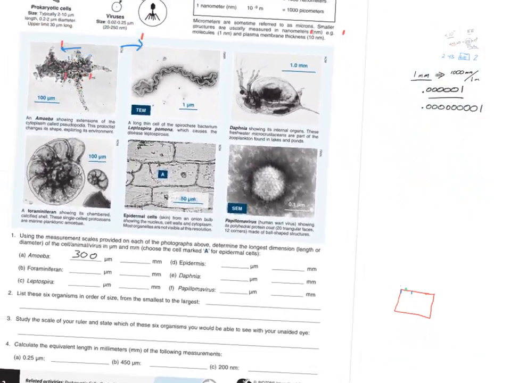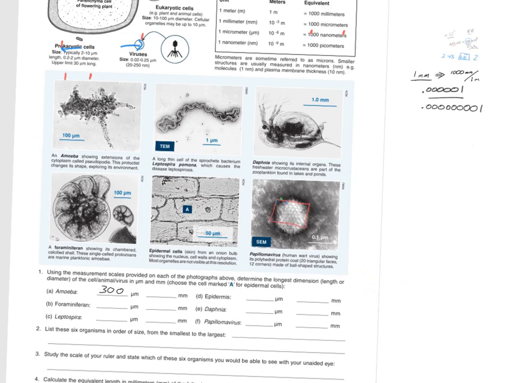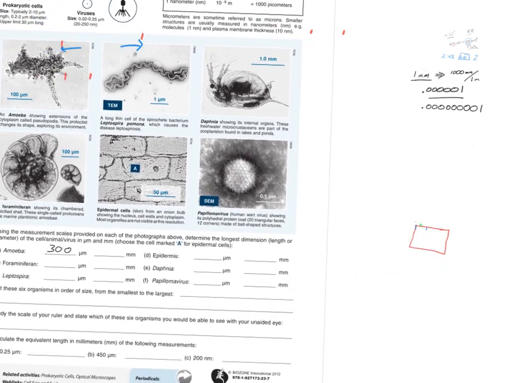So next one has a different length. So I'm going to use a different card. I'm going to put it up on the length. You see it right there. I'm going to mark it. So from here to here is 1 micrometer. So I go to the end and follow it along.